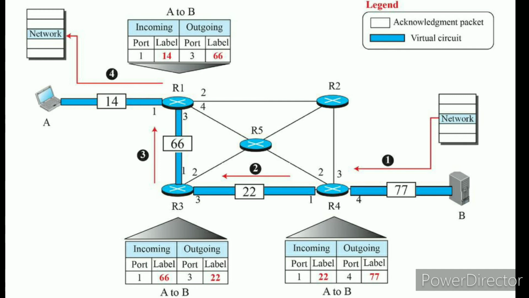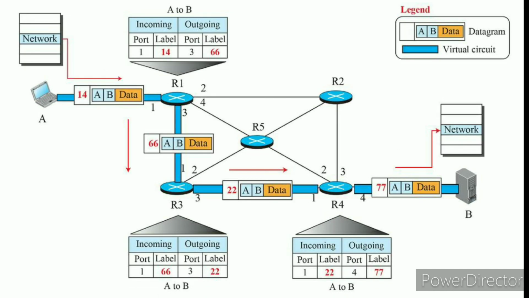Now in the last slide we'll see the data transfer phase of the virtual circuit. All the entries in your forwarding table have been filled now, so we just need to send the data from the same sender to the same receiver.